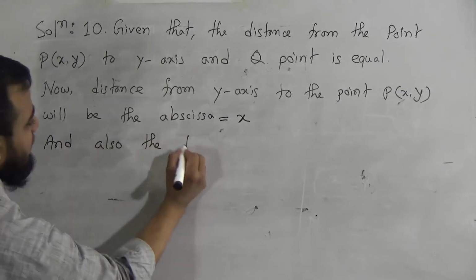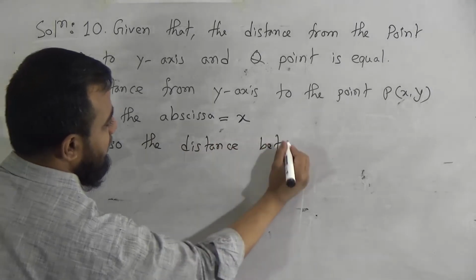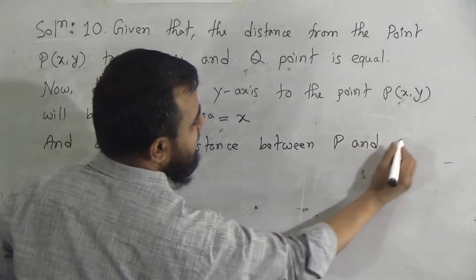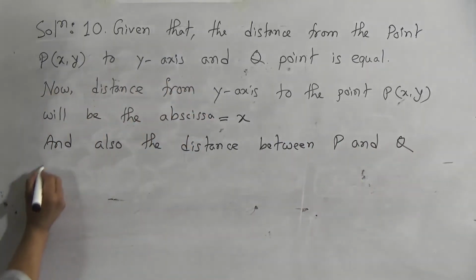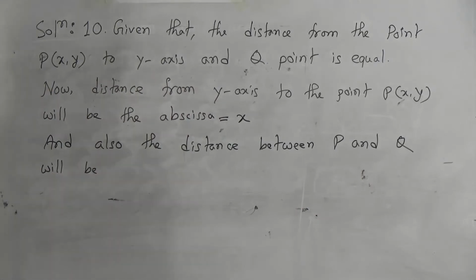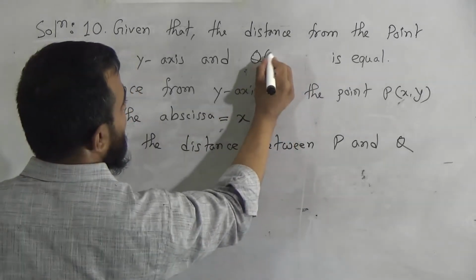And also the distance between P and Q will be what? Here is the Q point, I have not indicated it. Q point is (3, 2).